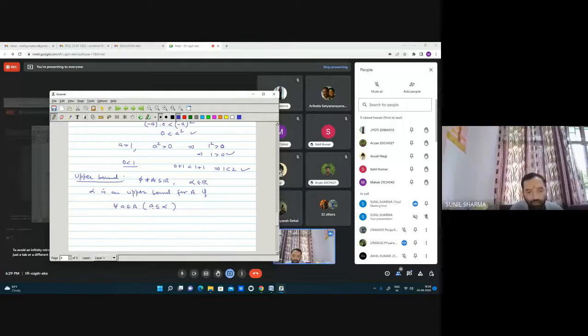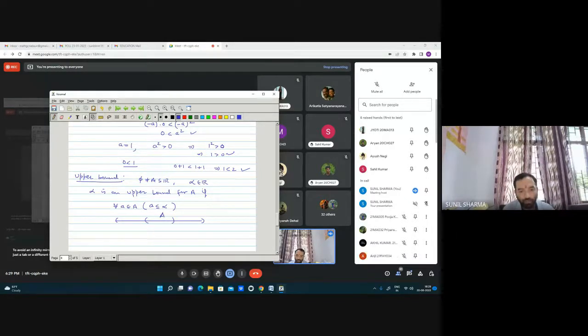So geometrically we can draw a set. Let A be a non-empty subset of real numbers R. This is my non-empty subset A. So alpha, tell me where alpha lies. It lies to the right of A or left of A?